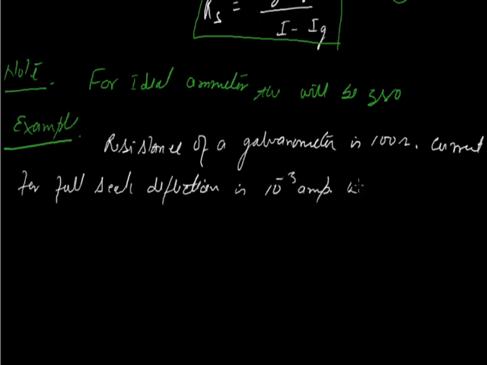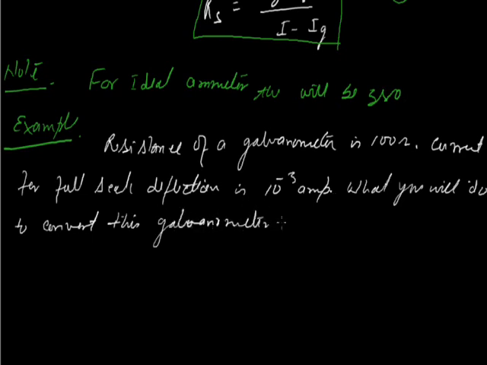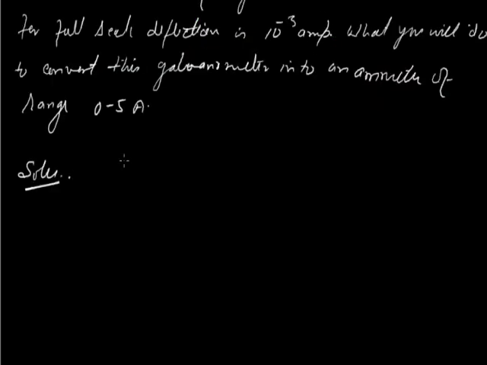What will you do to convert this galvanometer into an ammeter of range 0 to 5 ampere?